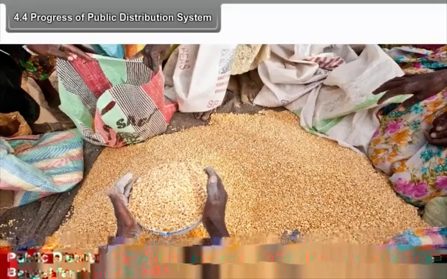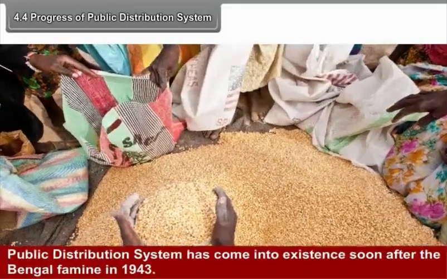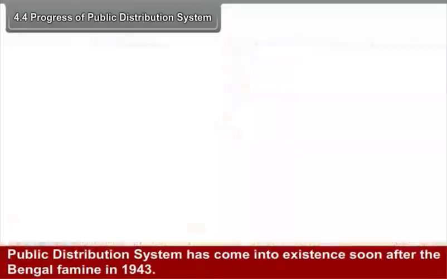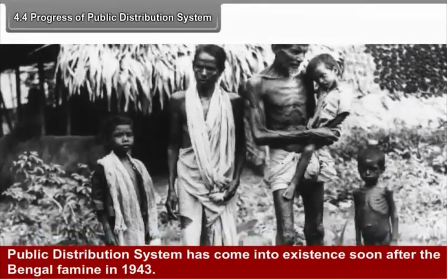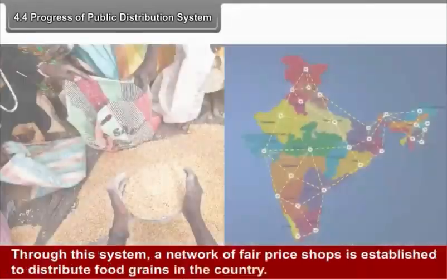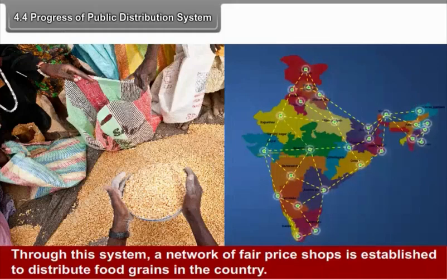4.4 Progress of Public Distribution System. Public distribution system has come into existence soon after the Bengal famine in 1943. Through this system, a network of fair price shops is established to distribute food grains in the country.